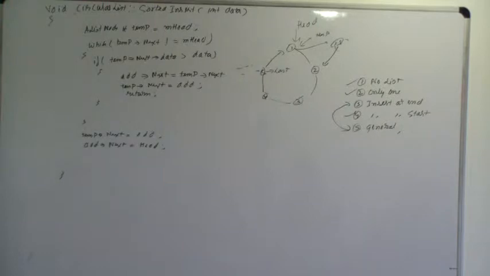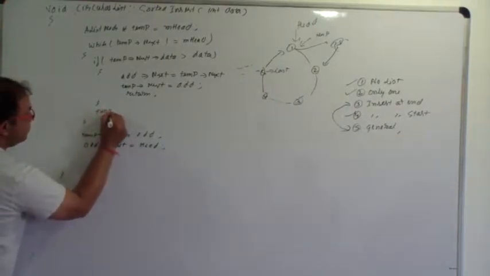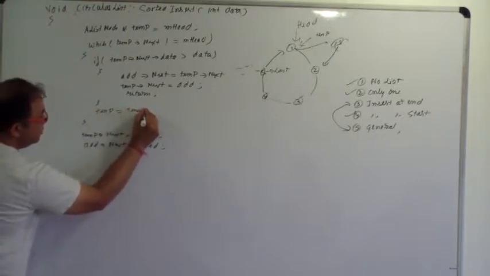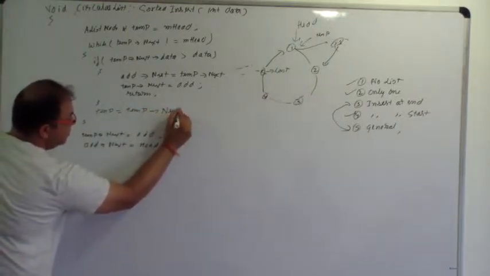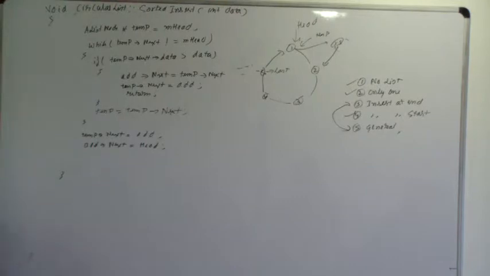Yes? In the while loop, where we are actually moving the temp. Oh yeah, sorry. Temp is good. Temp is equal to temp arrow next. Okay? Yes? Is that good?